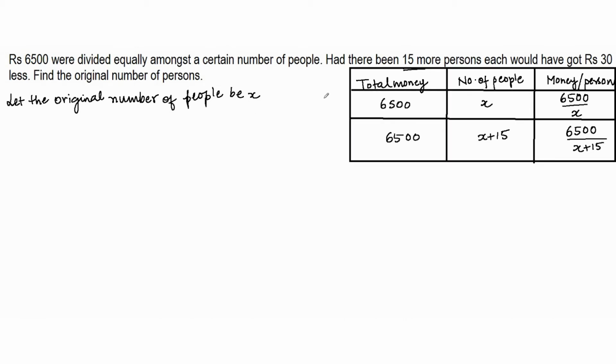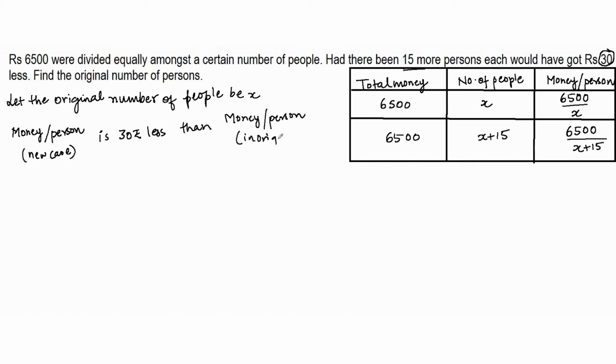So now it's given that had there been 15 more people, each would have got 30 rupees less. That is, the money per person in the new case is 30 rupees less than the money per person in the original case, right?